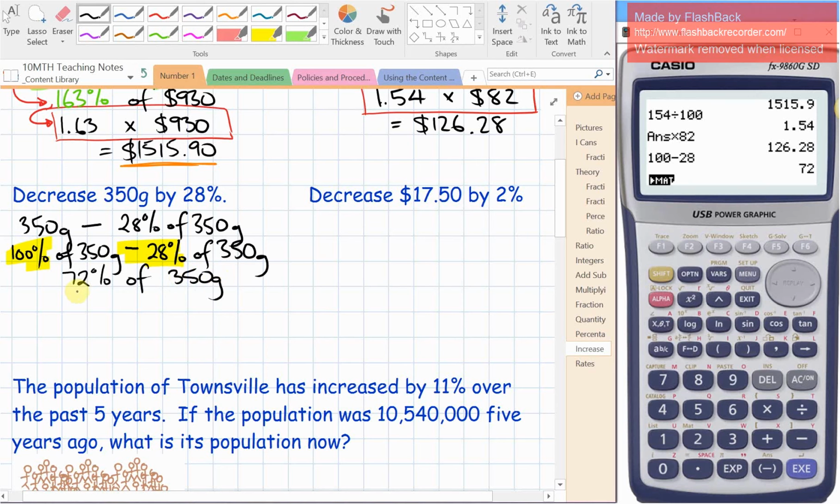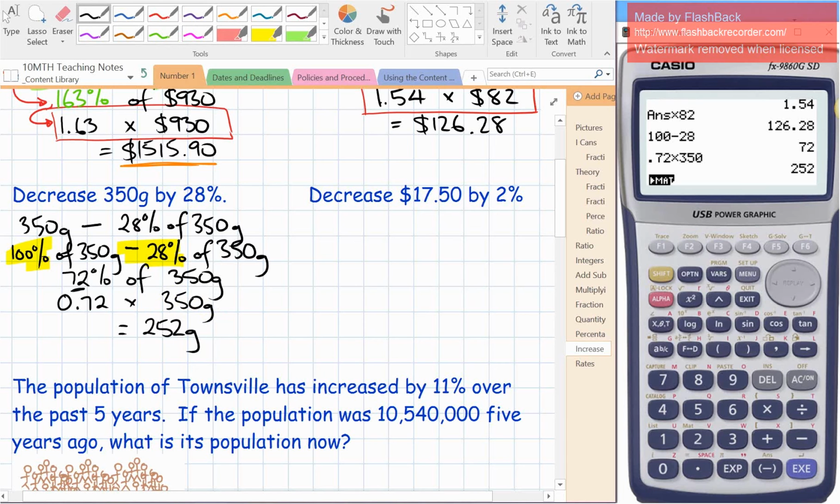So you can see that a decrease means it's going to be less than 100%. The decrease is 28%. So I end up finding what is 72% of 350 grams. So 72% is 0.72 times 350.